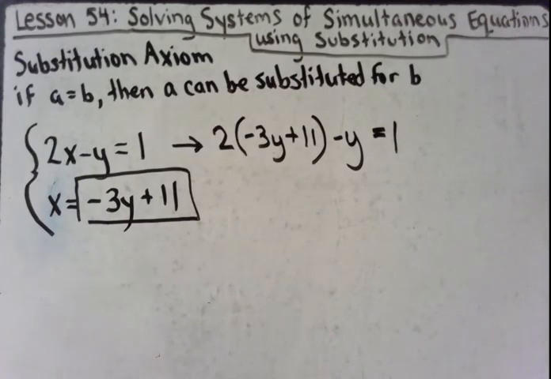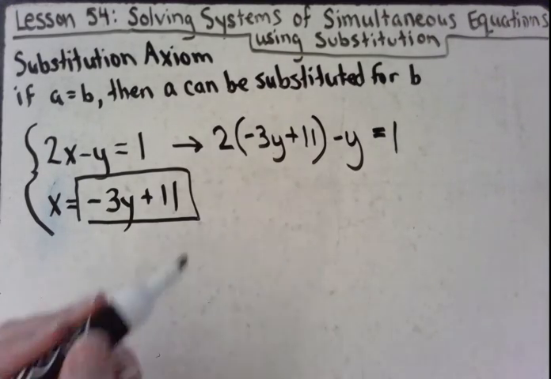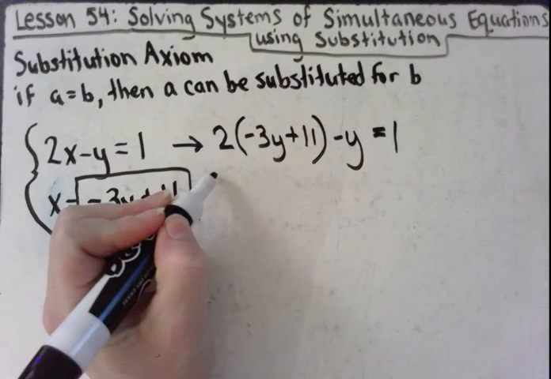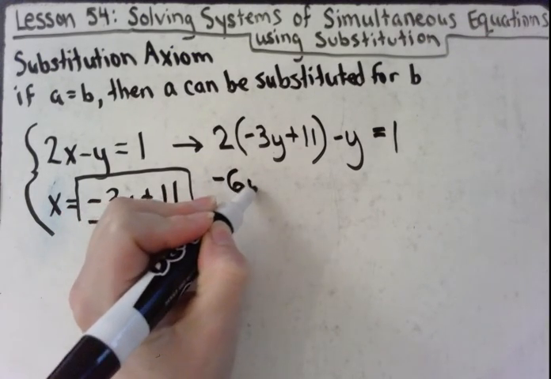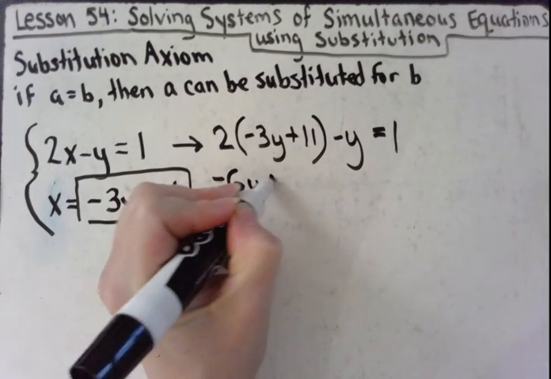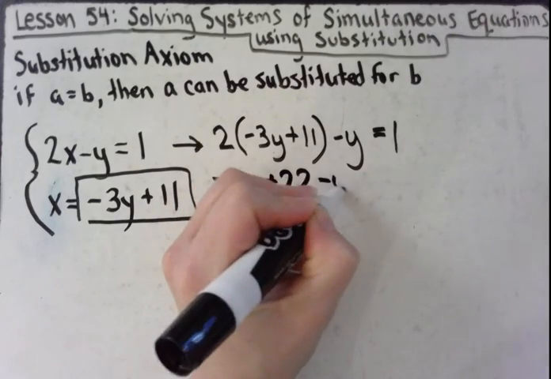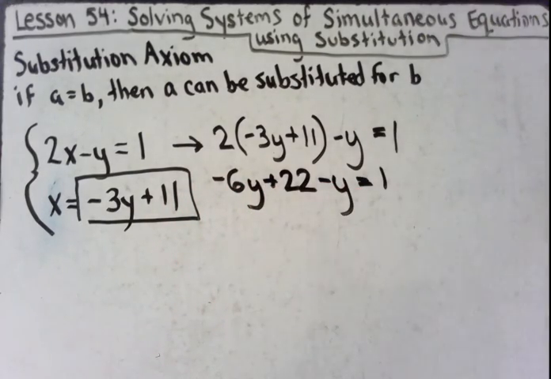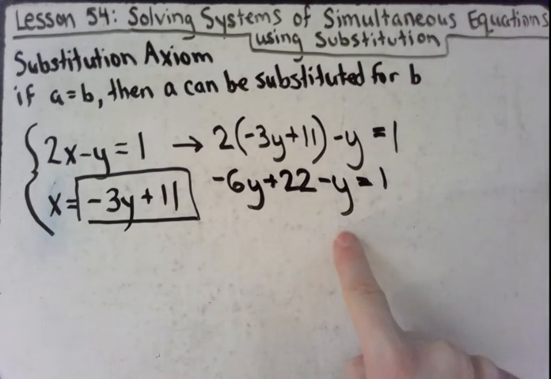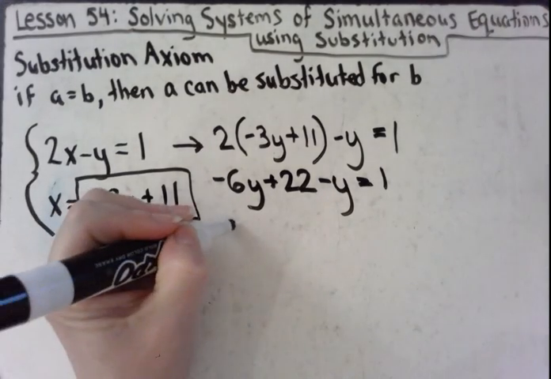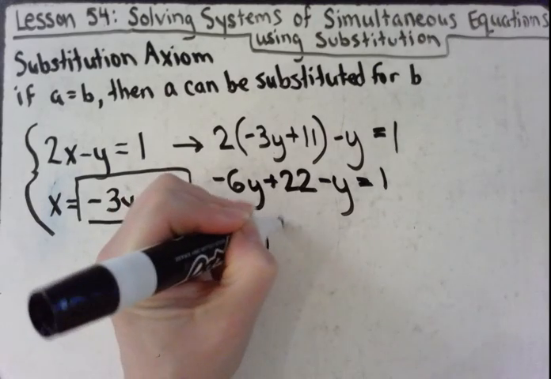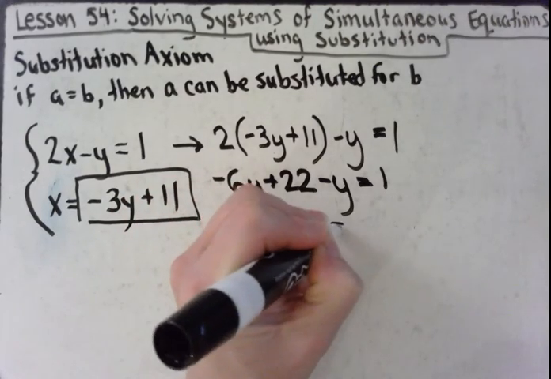And now I can simplify using the distributive property. 2 times negative 3y is negative 6y. 2 times 11 is plus 22, minus y equals 1. And now I just have to combine like terms. Negative 6y minus y would be negative 7y plus 22 equals 1.